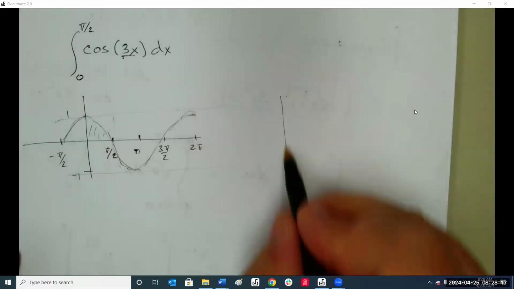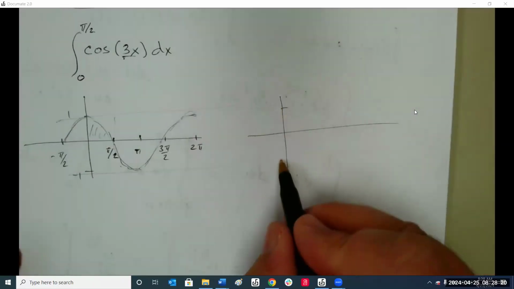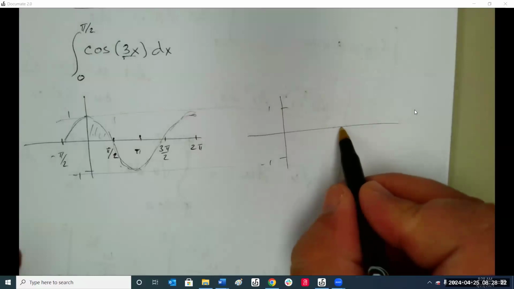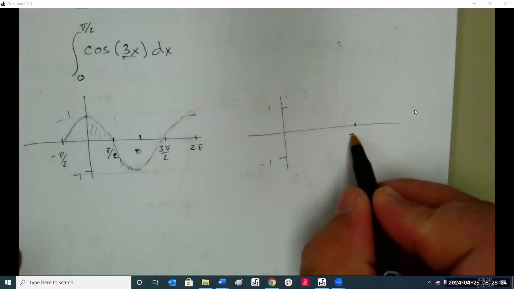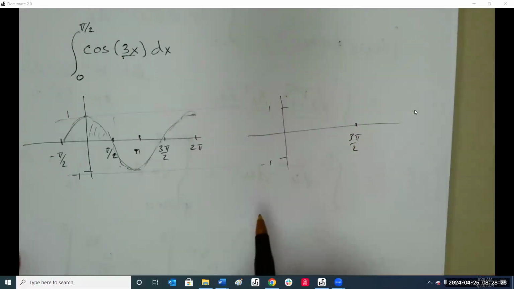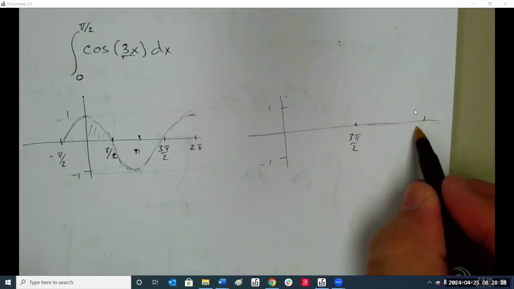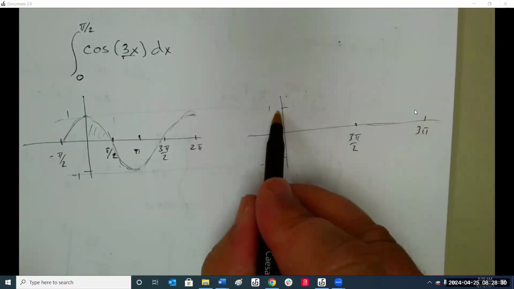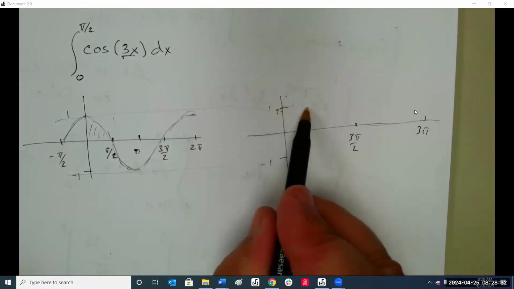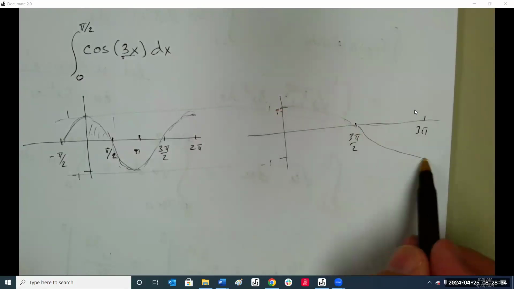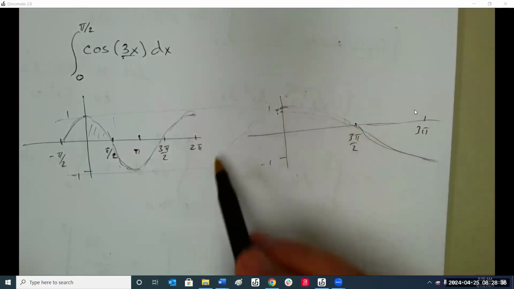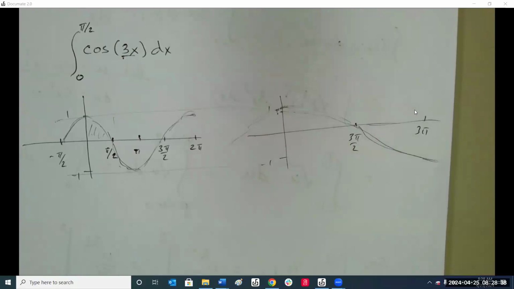So instead of 3 pi over 2, now our graph will look like 3 pi. Okay, so your amplitude has changed. Not amplitude, but your period changed.